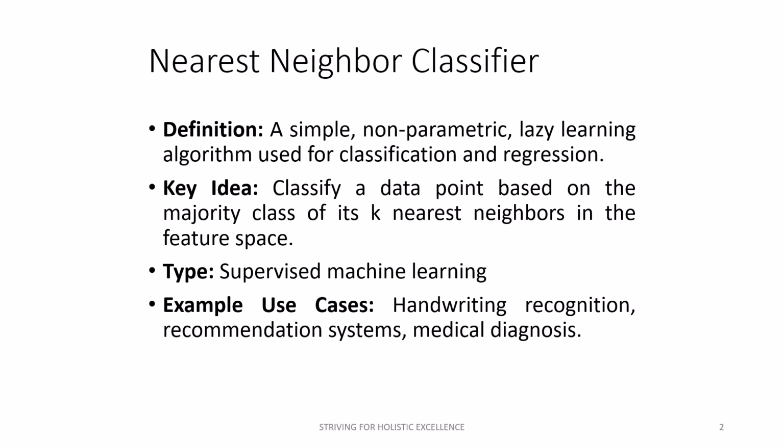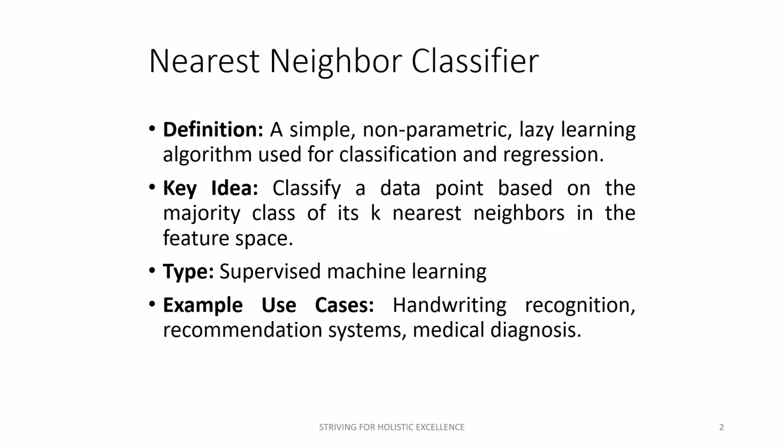So we can use k-nearest neighbor both for classification and regression. The key idea in this algorithm is to classify a data point based on the majority class of its k-nearest neighbors from the given feature space.